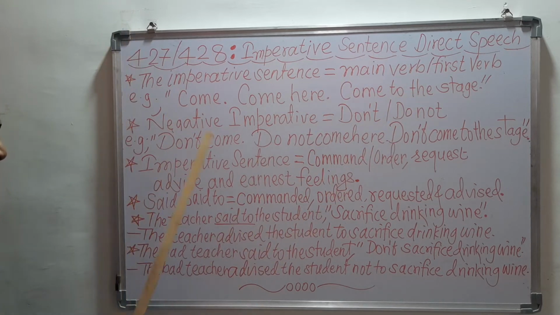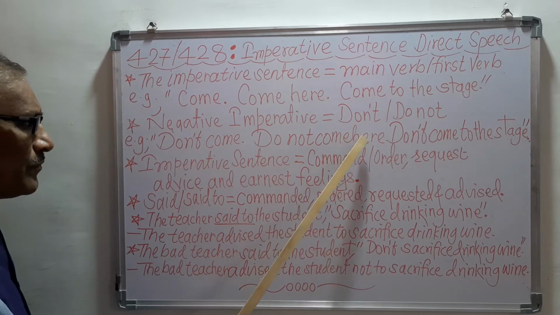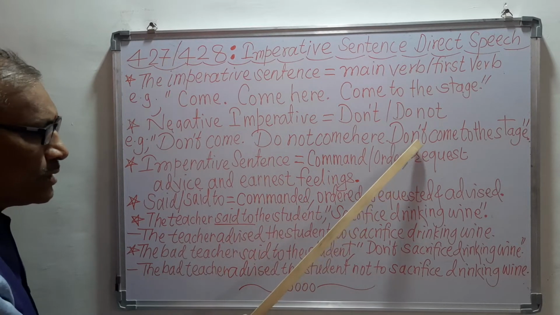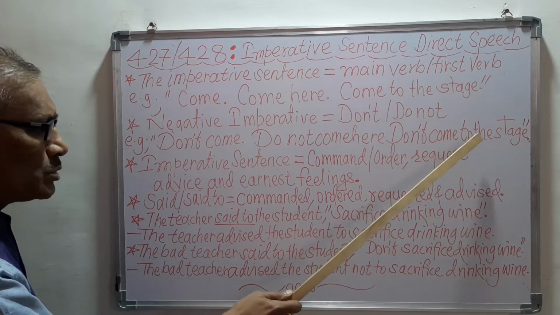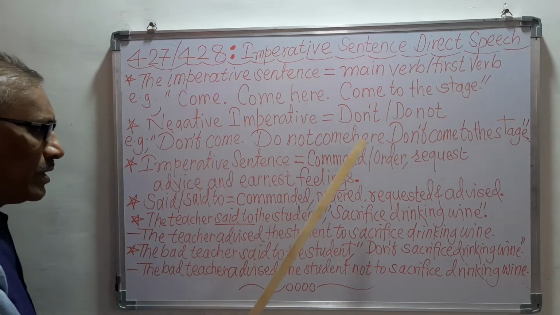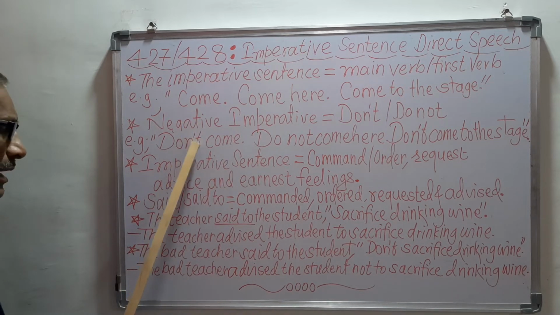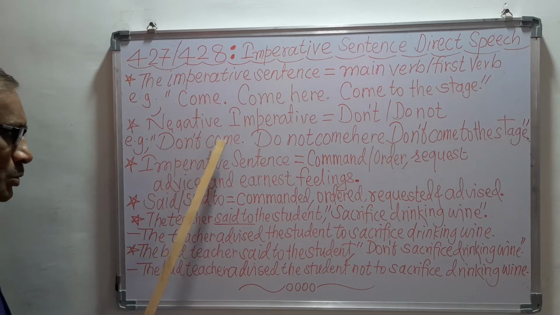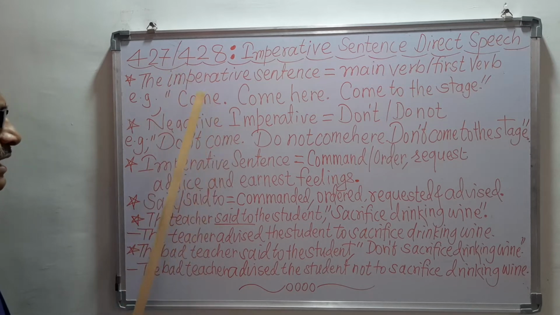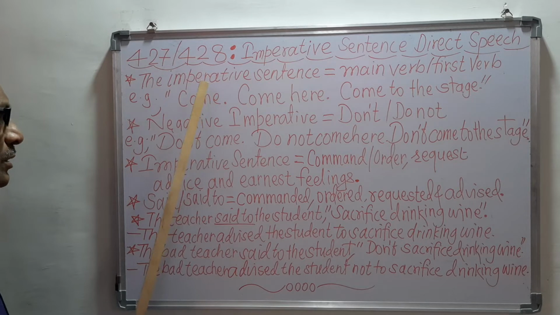And the negative ones are don't come here, do not come here, and don't come to the stage. So remember, these are the negative imperative sentences because here are the negative suggestions to the listener, and here are the positive suggestions to the listener.